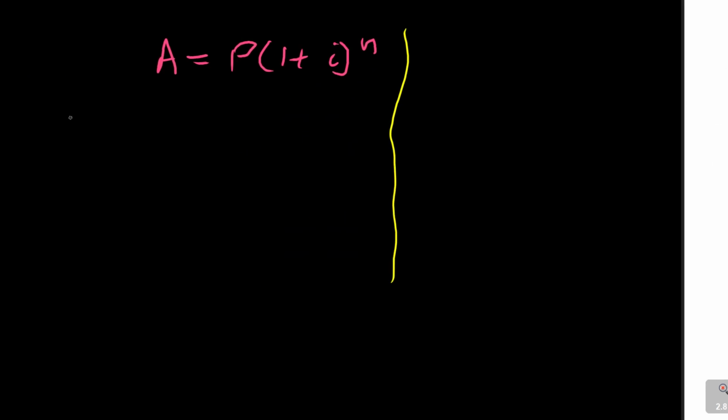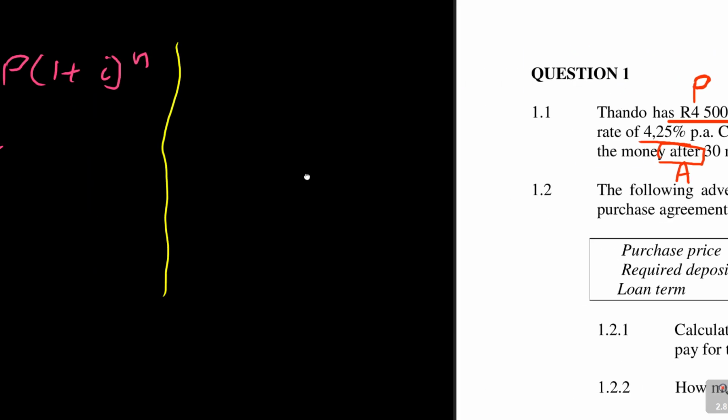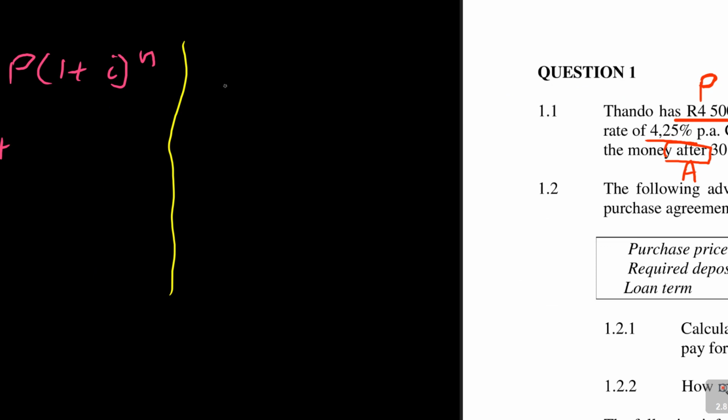A is equal to 4,500 and then 1 plus, you see, I'm supposed to have i here, but I cannot write i as 4.25. So what must I do? Convert 4.25 over 100. So what will it give us?